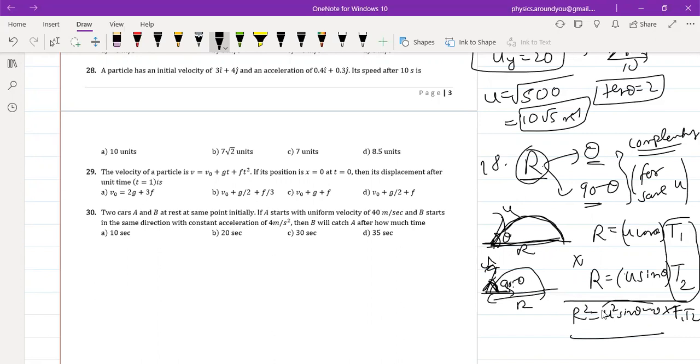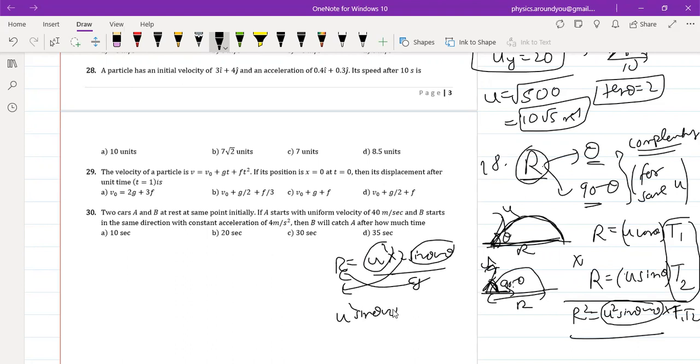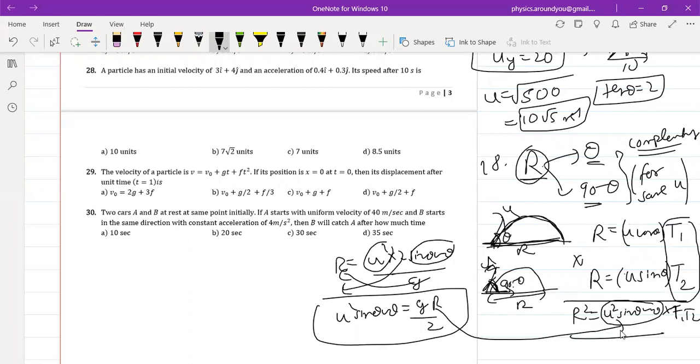Look carefully at this u square sine theta cos theta. We know that r itself is u square sine 2 theta by g, or u square times 2 sine theta cos theta by g. So I can write, take g to this side, 2 to the other side, u square sine theta cos theta to be equal to g r by 2. Now put this relation over here, u square sine theta cos theta is g r by 2.